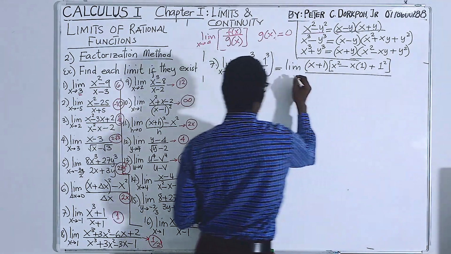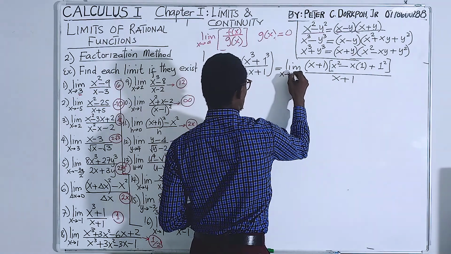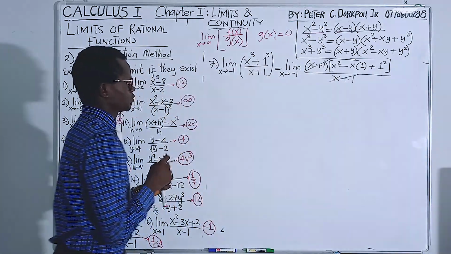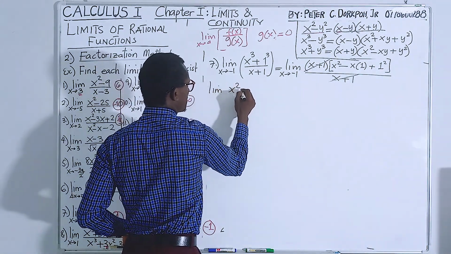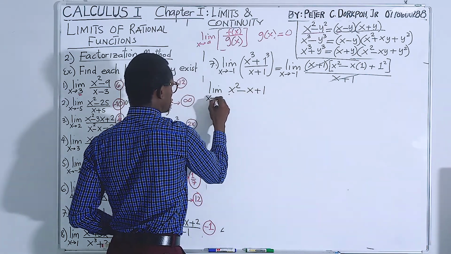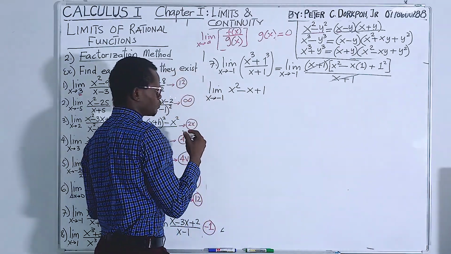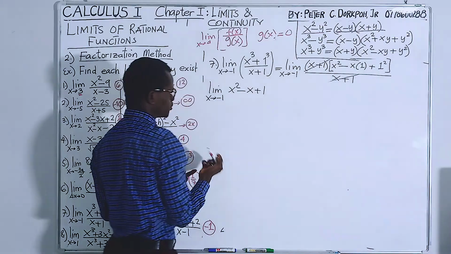All divided by x plus 1, as x is approaching minus 1. So this x plus 1 and x plus 1 will go out. Now you have the limit of x squared minus x plus 1, as x is approaching minus 1. So we do not have any denominator down here, so that when we apply the limit, we're not going to get 0 in the denominator, which makes the problem undefined.